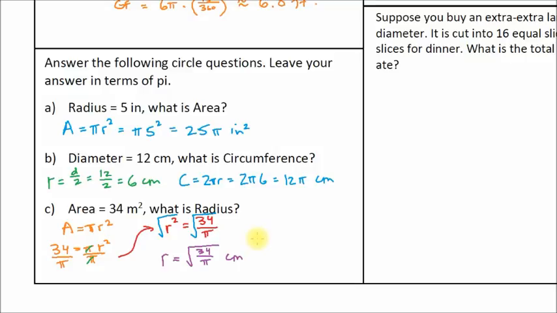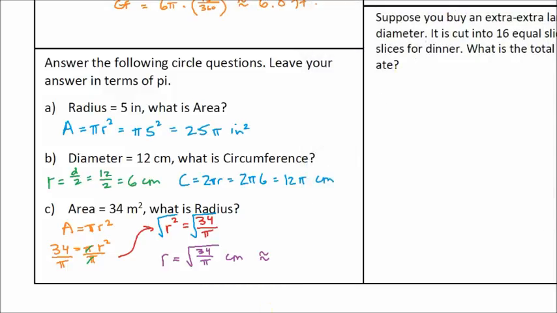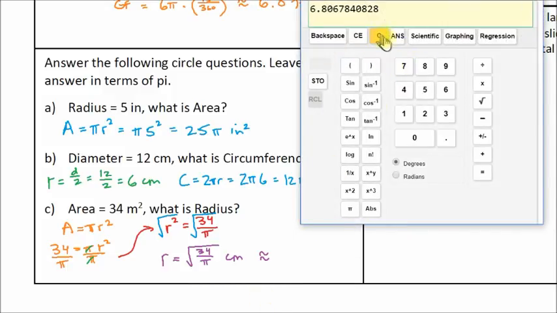And if you want to go ahead and convert that to a decimal just to see what it's like, it's not a problem. The question asks us to leave everything in terms of pi, so that's a totally acceptable answer. But just for fun, let's see what that ends up being if we go ahead and measure the length of that.